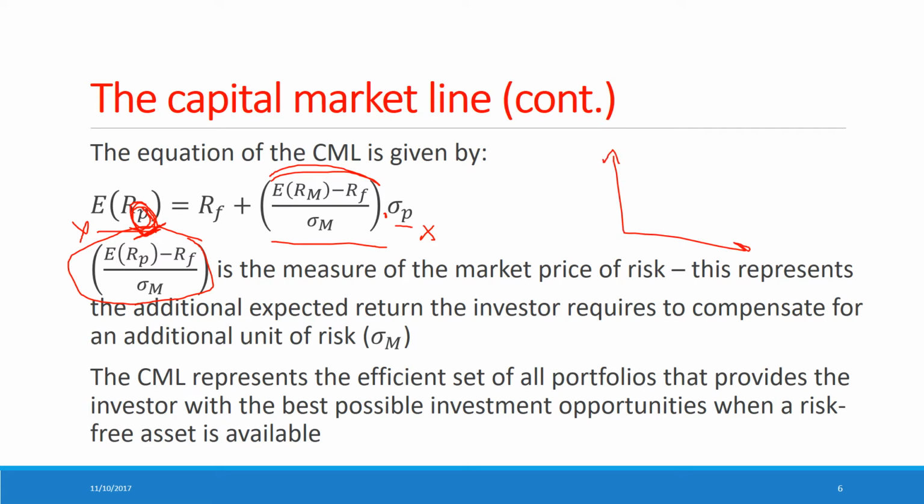So in the presence of a risk-free rate, the tangent line going from the risk-free rate that meets the efficient frontier is the most efficient combination of portfolios, right? Any point below the capital market line now becomes inefficient because we can always pick a better portfolio on the capital market line.